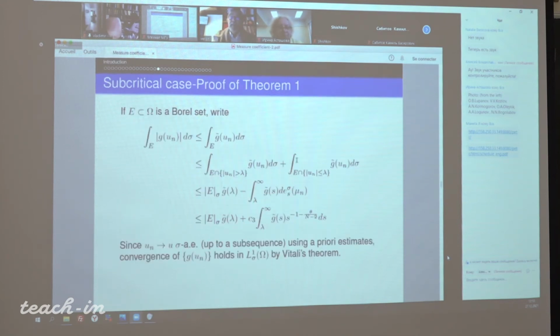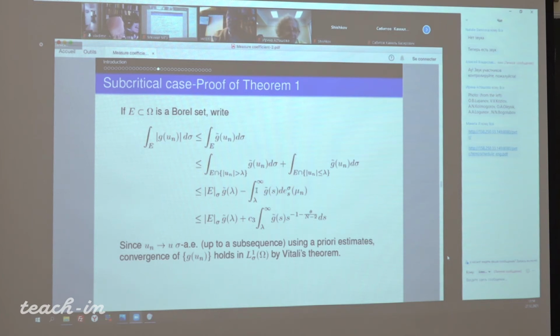Now, this term here, I know that it's going to be bounded by the sigma measure of the set times G tilde of lambda. For this, I just use the integral with respect to the measure, because I know that UN is going to be bounded by G of mu of the measure UN.